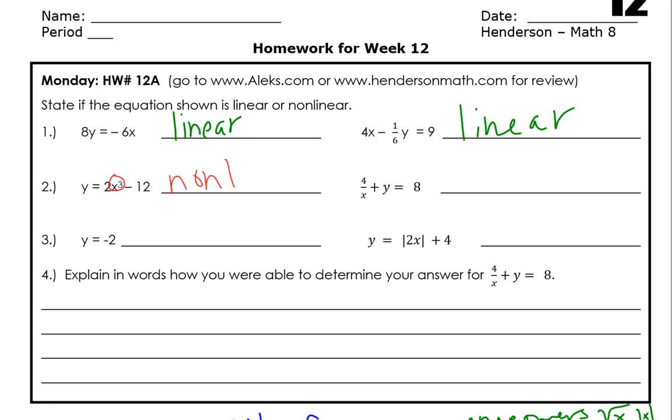So that breaks the rule, and it's nonlinear. Number 2, no powers, but it has a variable in the denominator. So that is nonlinear. Number 3, any powers? No. Any variables in the denominator? Any products of variables? Well, this one's good.